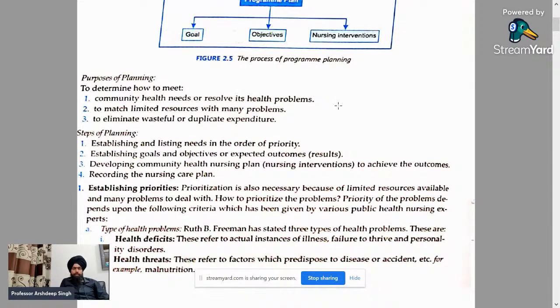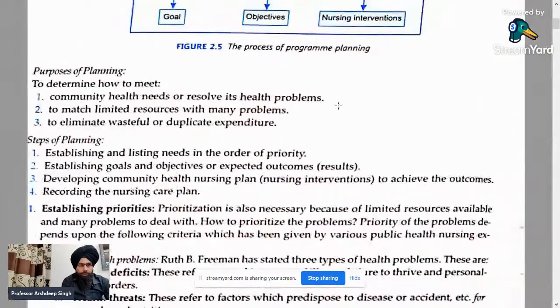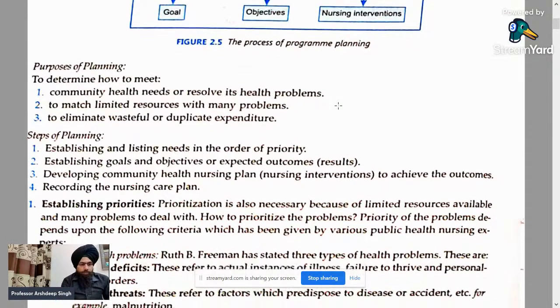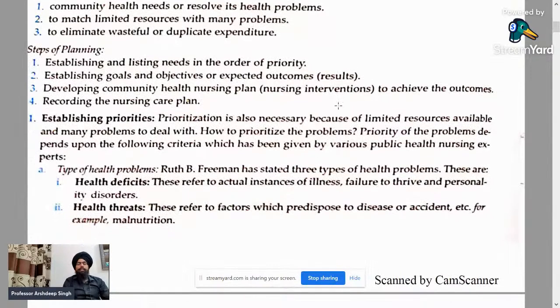Next are the various steps of planning. The first step is establishing priorities. We plan things according to the priorities, like we have different types of resources and different problems for which we have to perform the planning.